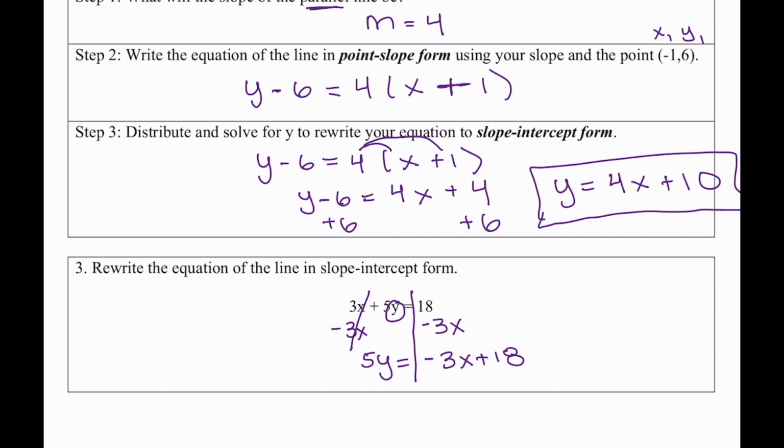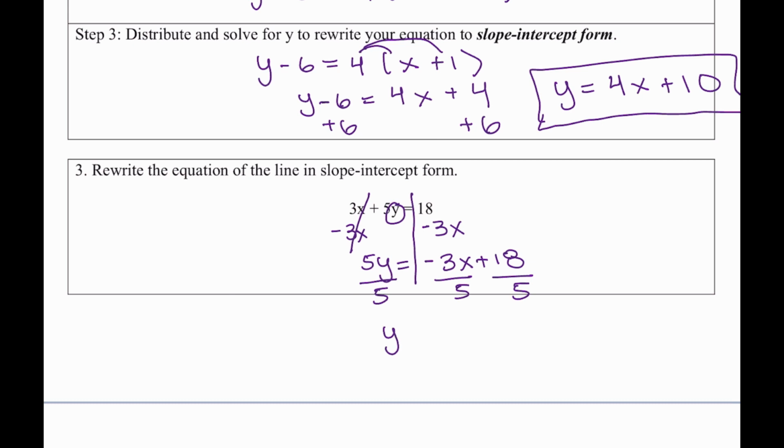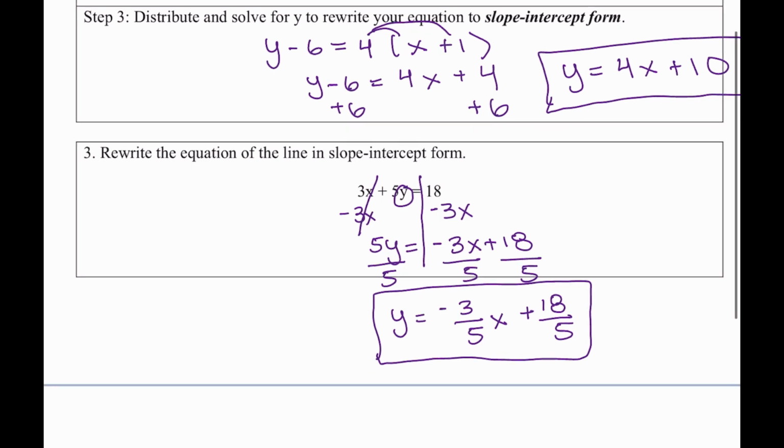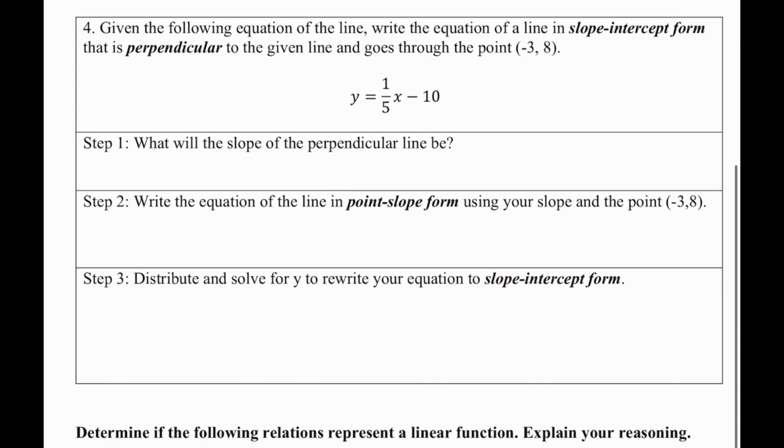And then in order to get y by itself, I need to divide both terms by 5. Since 3 and 5 don't divide evenly, I can leave that as -3/5 x. And since 18 and 5 don't divide evenly, I'm going to leave that as a fraction as well. And that is my slope-intercept form.